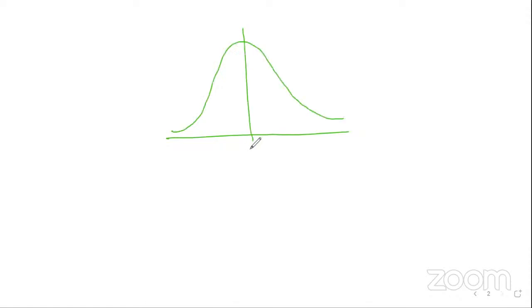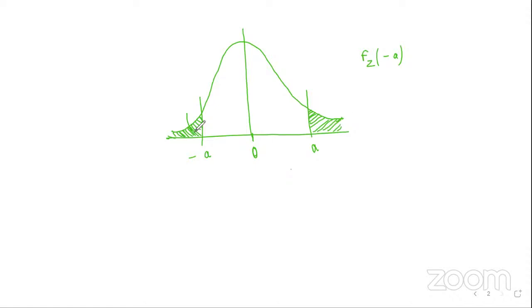So this is a standard normal distribution. Let's make it minus a, and this is a. Let's say I'm interested in finding F of minus a. By symmetry we know that this area is going to be equal to this area, right? Yes.